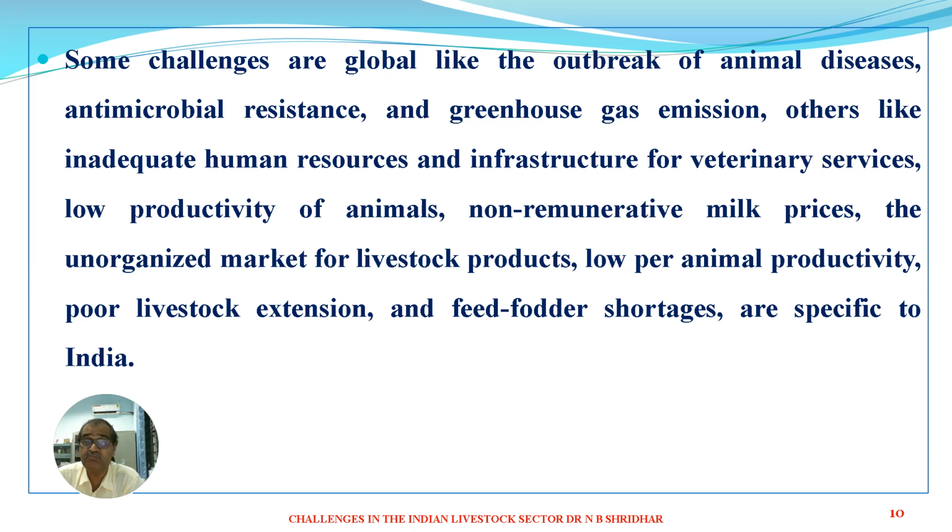This is one of the biggest criteria, and lack of manpower and greenhouse gas emission, then antimicrobial resistance, then the unorganized market and highly unreliable market of livestock products, low per animal productivity, repeat breeding problem, then poor livestock extension activities, and feed and fodder shortage are the specific problems especially happening in India. We will see how to combat these problems in the Indian scenario.